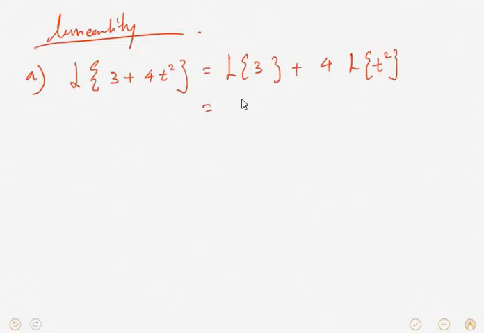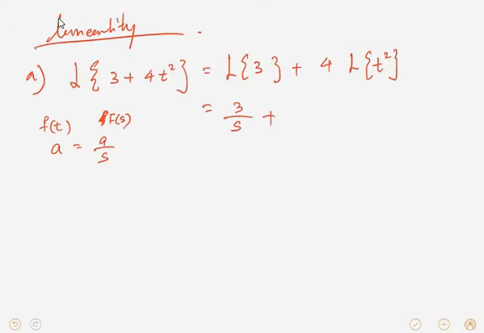Now, the Laplace transform of 3, from the table of Laplace transforms, you obtain 3 over s. As you know from the table, if f(t) is a, then F(s) is a over s. So you obtain 3 over s.